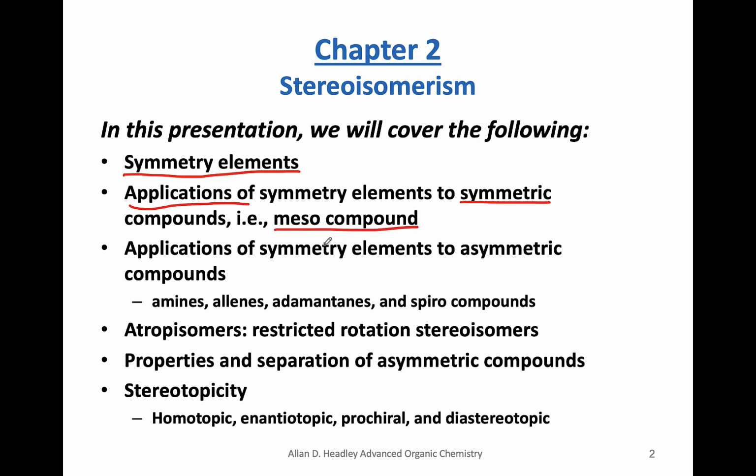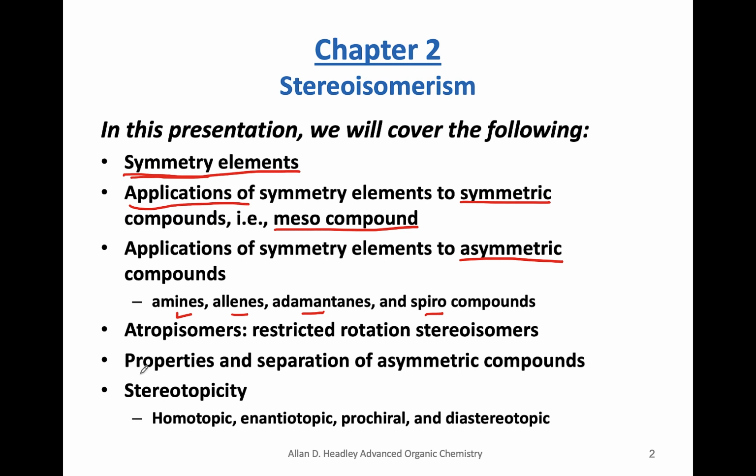So we'll discuss that. We'll apply the symmetry elements to asymmetric molecules or compounds. Some examples that we look at will include amines, allenes, adamantanes, and spiro compounds. So we'll examine those to see what type of stereoisomers they are, using the symmetry elements that we'll define in a second.